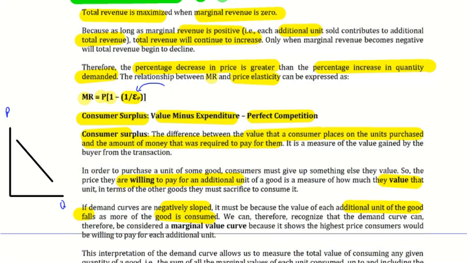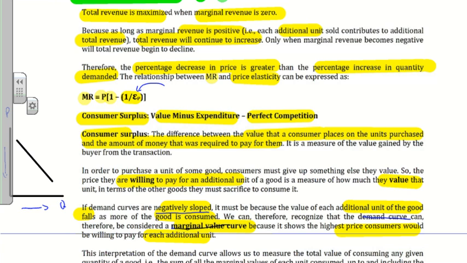If it's a negatively sloped curve, as price falls, quantities go up. And therefore we recognize that the demand curve can also be considered a marginal value curve, which shows us the highest price that consumers will be willing to pay for each unit as they move up and down the curve.